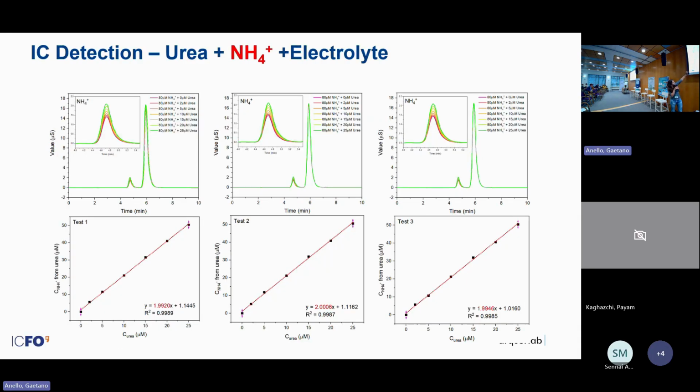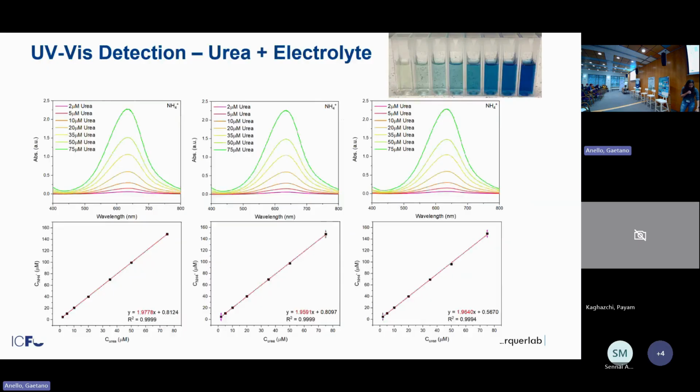Even though he managed to detect a small increase in the ammonia peak, this parameter, which is basically the proportion of the ammonia that is synthesized to the urea, which is supposed to be 2 because you get 2 ammonias per 1 urea, was always more or less 2. And he was getting more or less nice results when it was injected in the ionic chromatography.